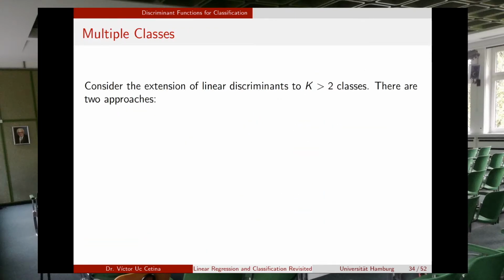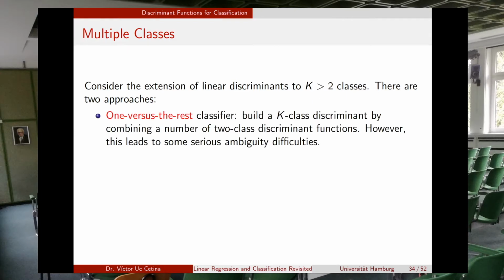Let's talk now a bit about multiple classes. Consider that K is larger than 2, so we have more than 2 classes. One way in which you can implement a multiple class classifier is the one versus the rest approach.